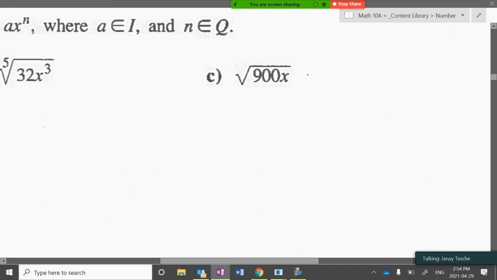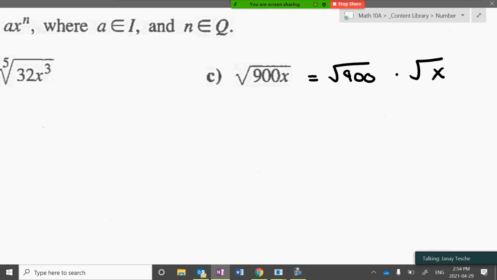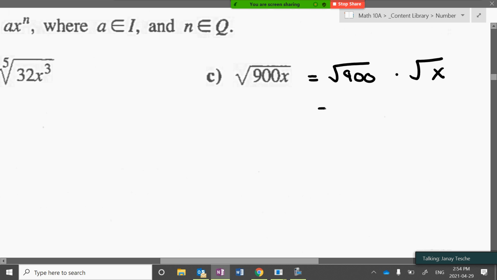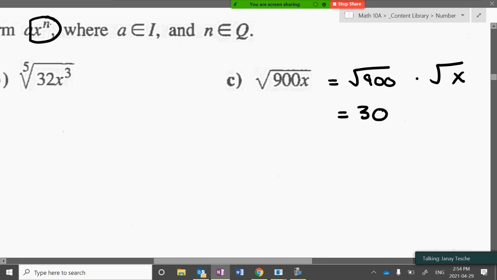So this is the same thing as saying the square root of 900 times the square root of x. What is the square root of 900? 30. So then I could rewrite this one as 30. They want us to write it as an exponent, so I would write the root x as x to the power of a half.